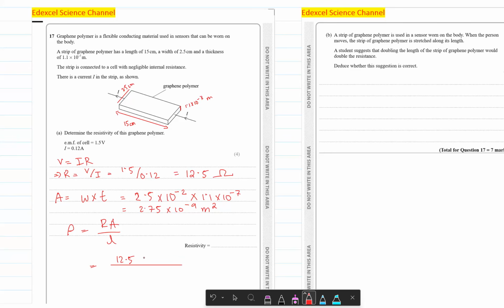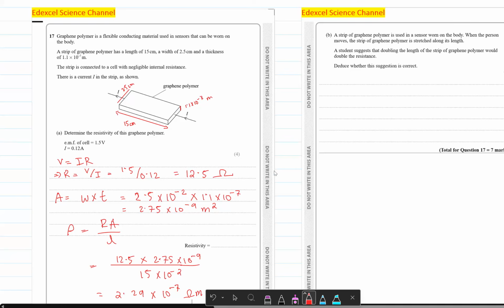So resistance is 12.5 ohms. Area is 2.75 times 10 to the power minus 9. And the length is 15 centimeters, but we have to multiply by 10 to the power minus 2 to convert it to meters. And that is going to give you 2.29 times 10 to the power minus 7 ohm meters. Okay, that is it for question number A.